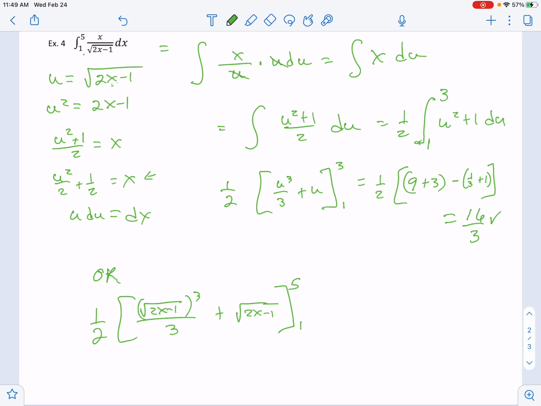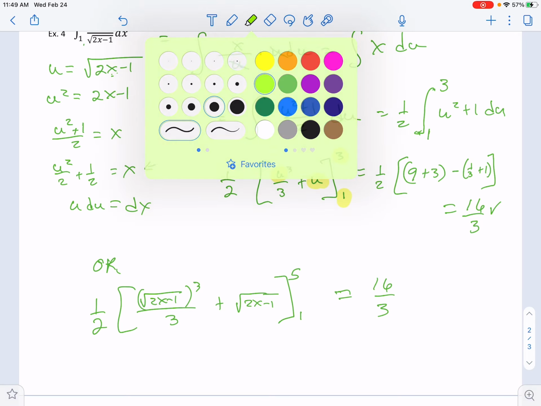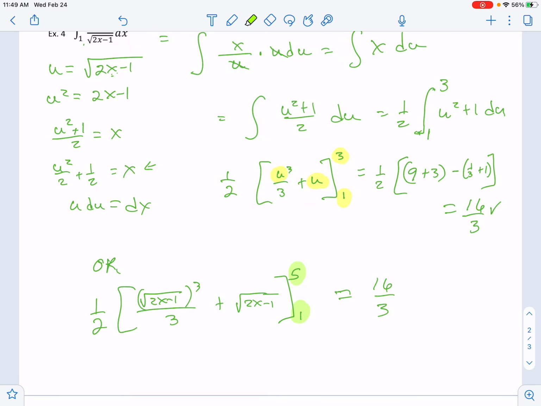And I believe you get the same answer. That's going to equal 16 over 3 also. So pay attention to these bounds. I went from 1 to 3 and I left the u's in there, or you go from 1 to 5 and you put your x's back in. Either way will work. Show your work.